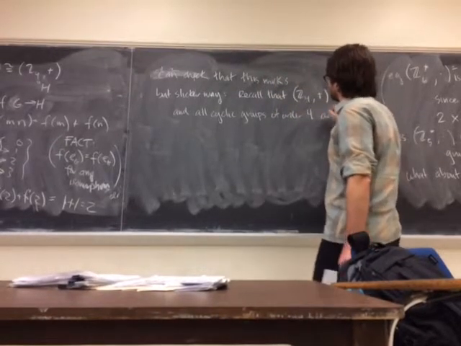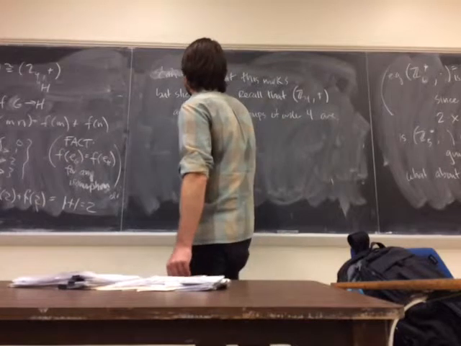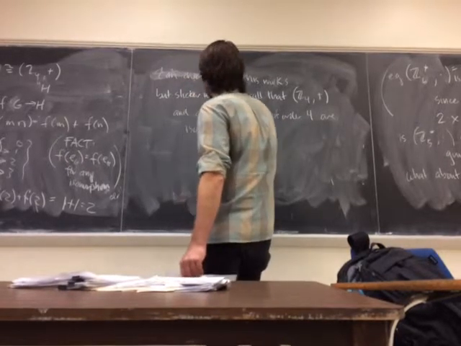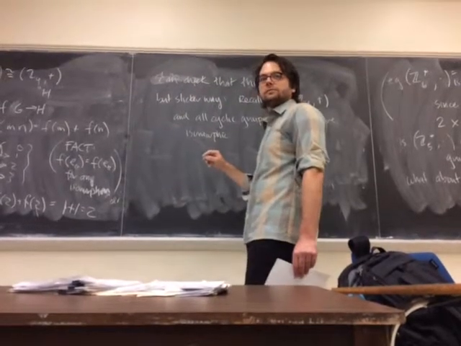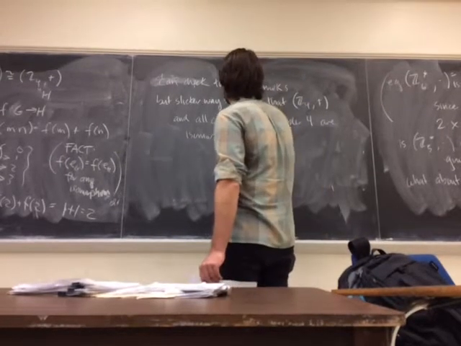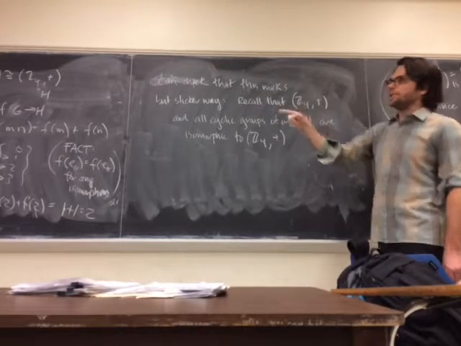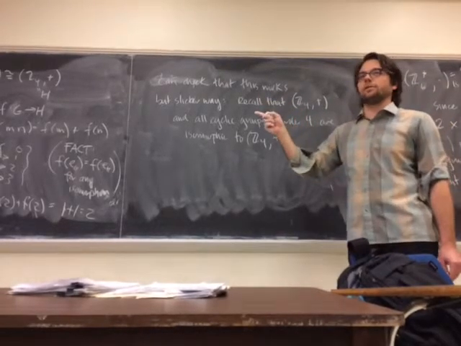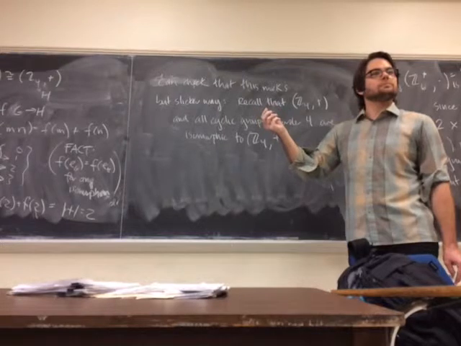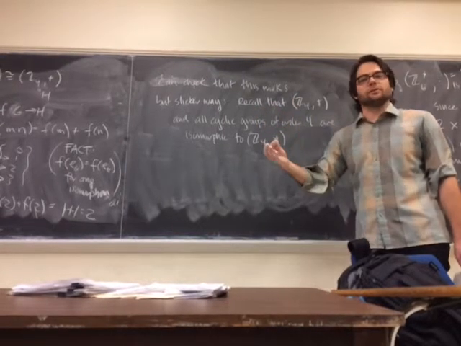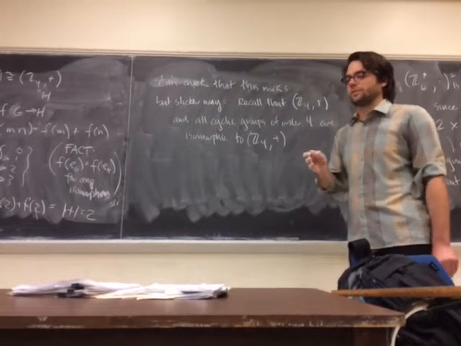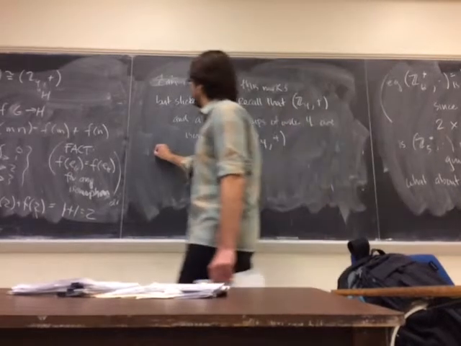Remember we proved that last Tuesday? So it's actually enough to show that Z5 star is cyclic. Right? Because if we can show it's cyclic, we know that every cyclic group of order 4 is isomorphic to Z4.